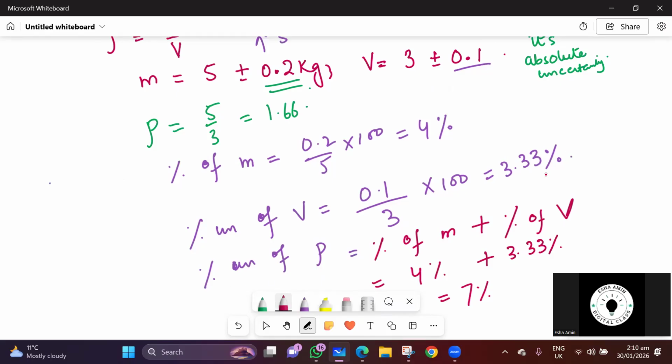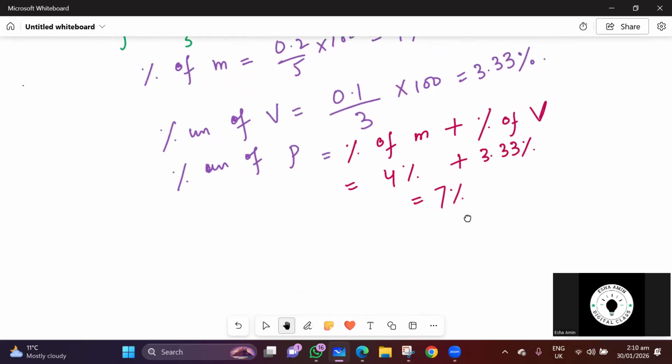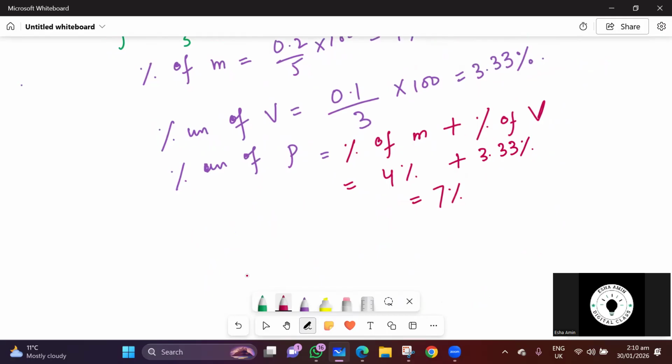But we need to know the absolute uncertainty. How can we find it? Using the formula that percentage uncertainty is equal to absolute uncertainty divided by measurement into 100.